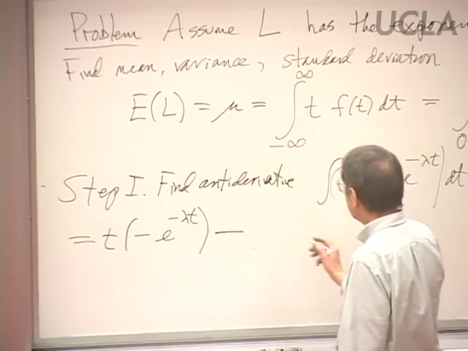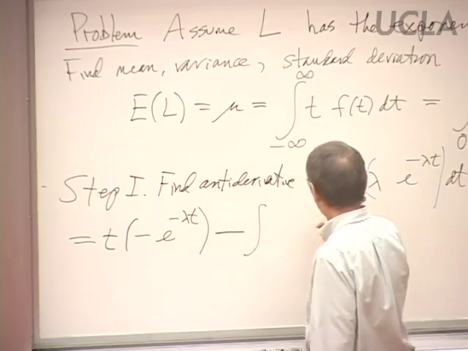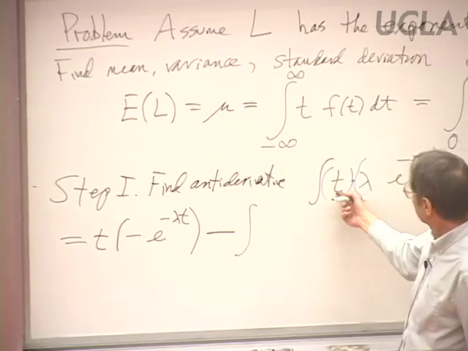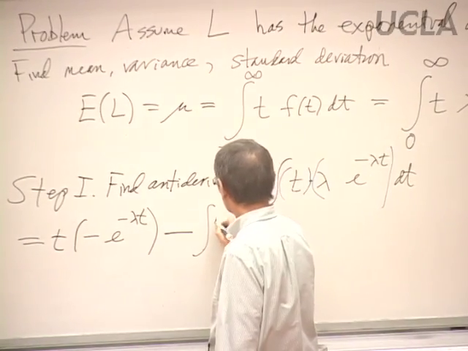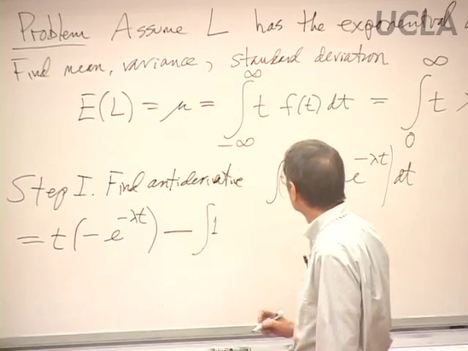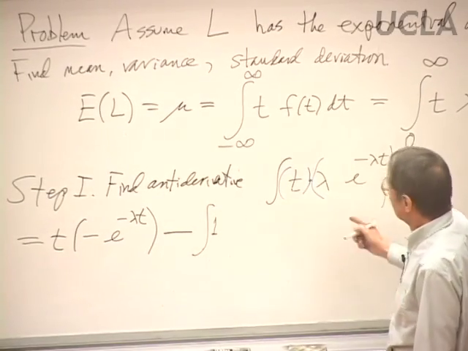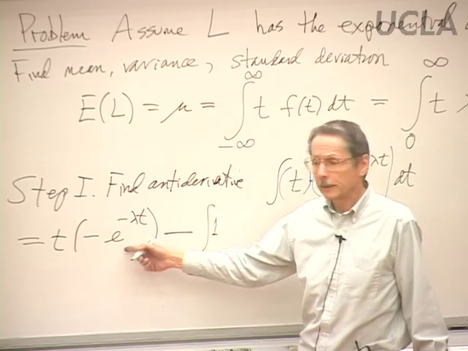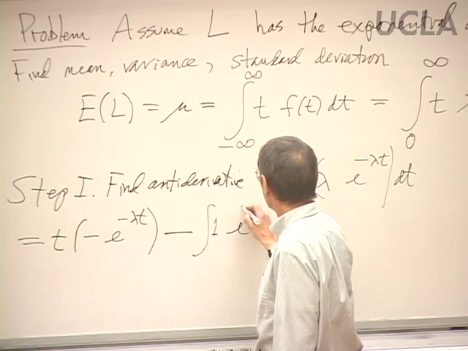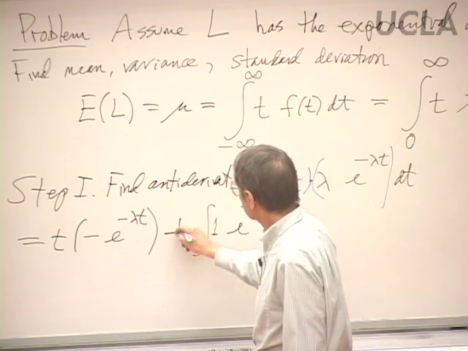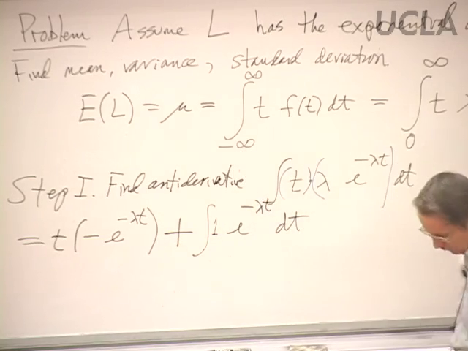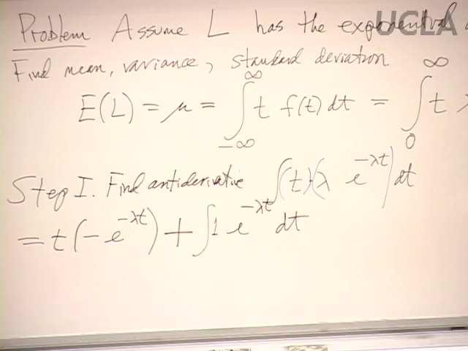Minus, okay, now we get to differentiate the t. That just gives us a 1, which we don't even need to write down, times this integral here, minus e to the minus lambda t dt. So this is now a plus sign.